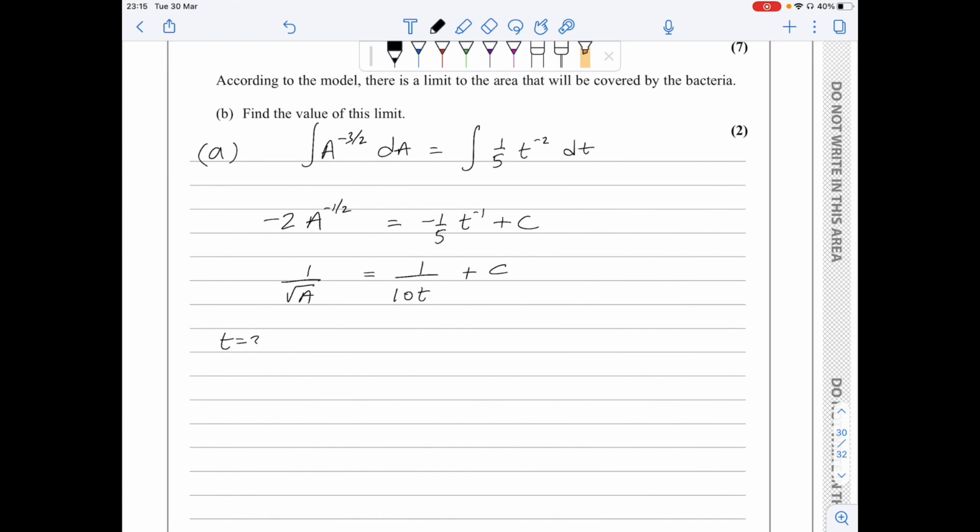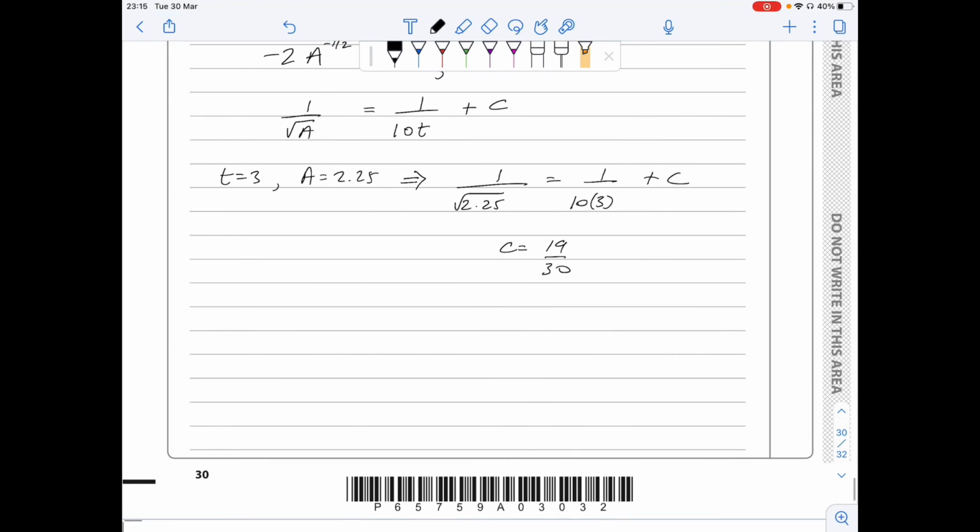So when t is 3, A is 2.25, which means 1 over square root of 2.25 is equal to 1/10 times 3 plus my constant. C comes out to be 19 over 30. So my equation is 1 over square root of A equals 1 over 10t plus 19 over 30.